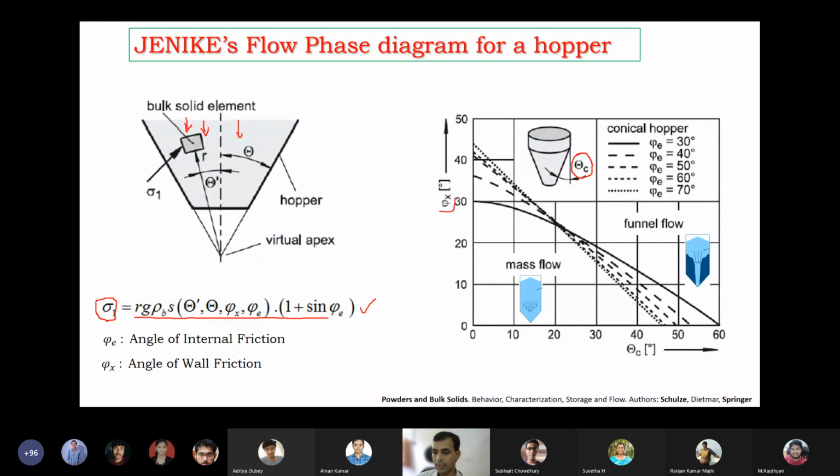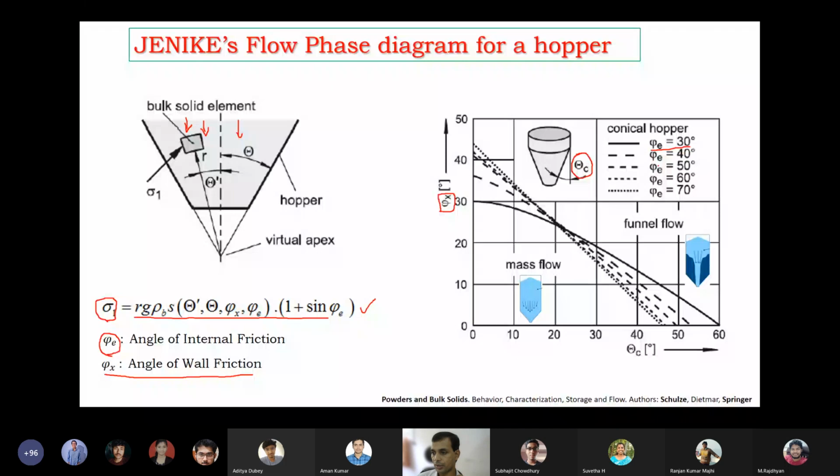This phi of x is the angle of wall friction. Phi of V is the angle of internal friction.